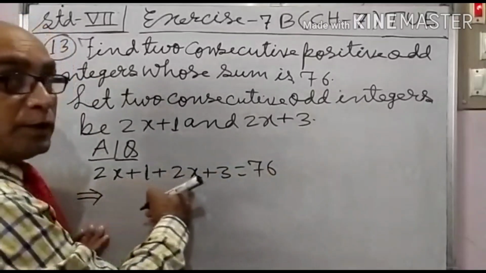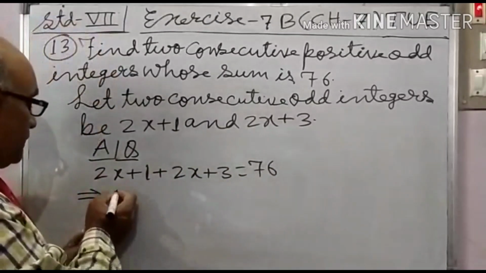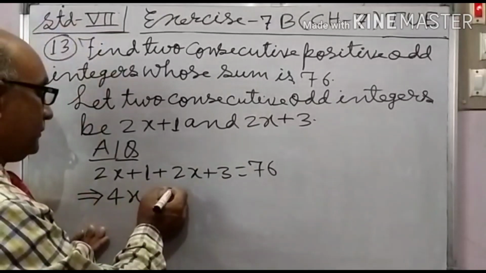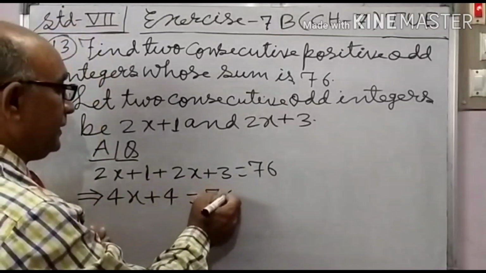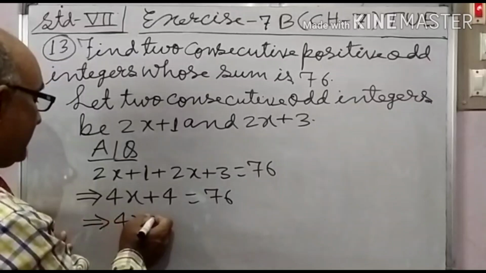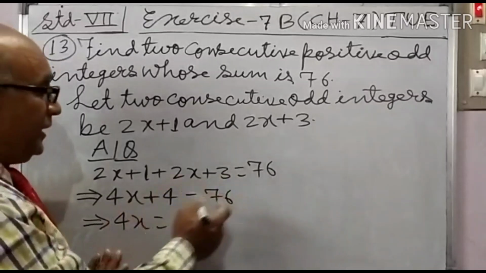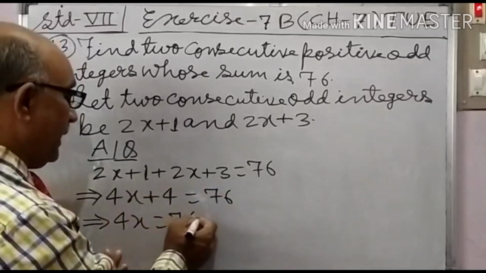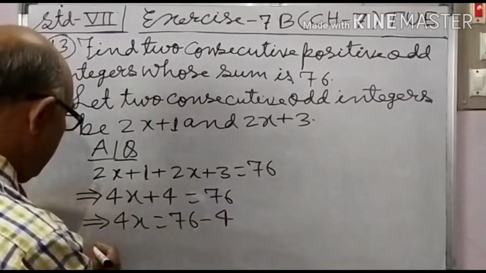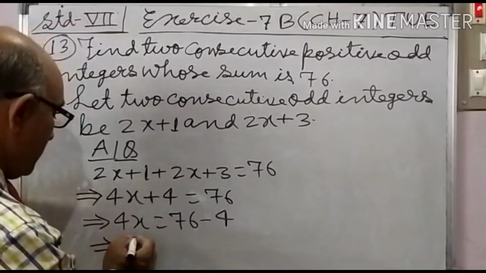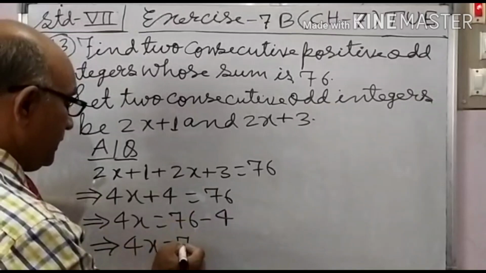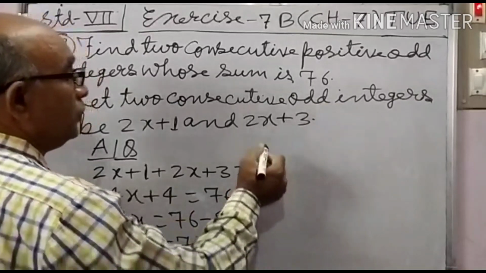That implies 2x plus 2x, that means 4x, 1 plus 3 equal to 4, equal to 76. That implies 4x equal to 76 plus 4, by transposition change into minus 4. So 4x equal to 76 minus 4 equal to 72.